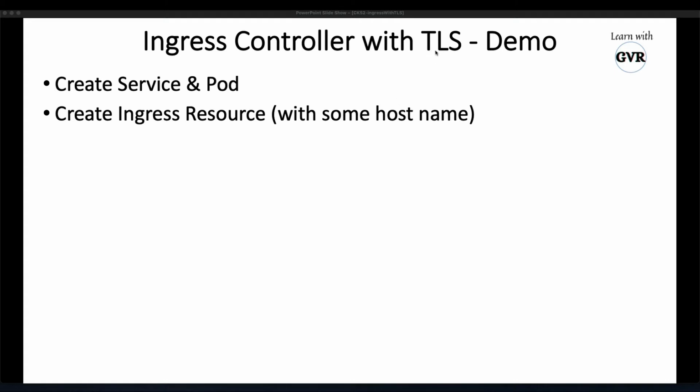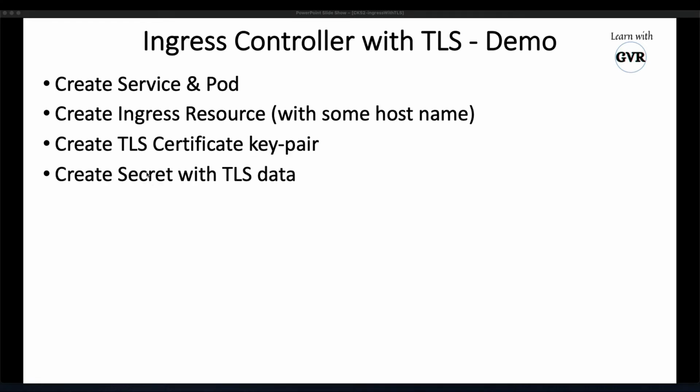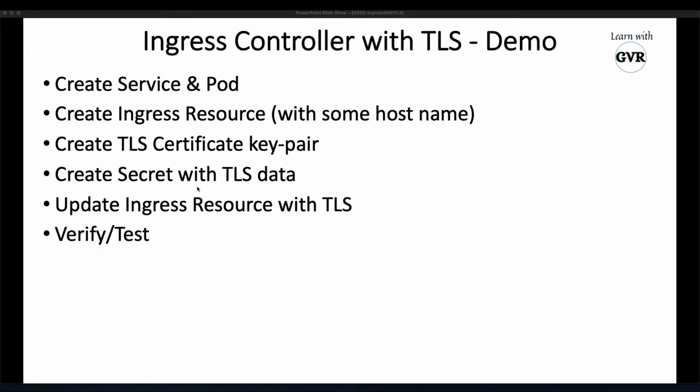To leverage TLS, we need a TLS certificate key pair, an SSL certificate key pair, which I will create, and then attach this certificate key pair to a Kubernetes secret. The next step is to add the TLS I have created to the ingress resource. After that, the next step is to verify.